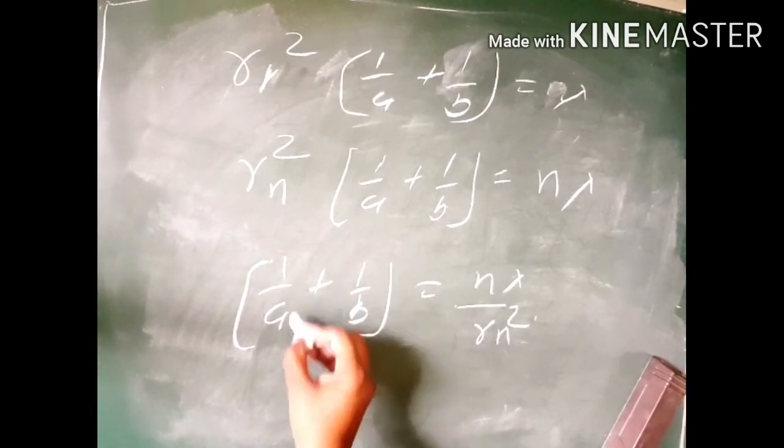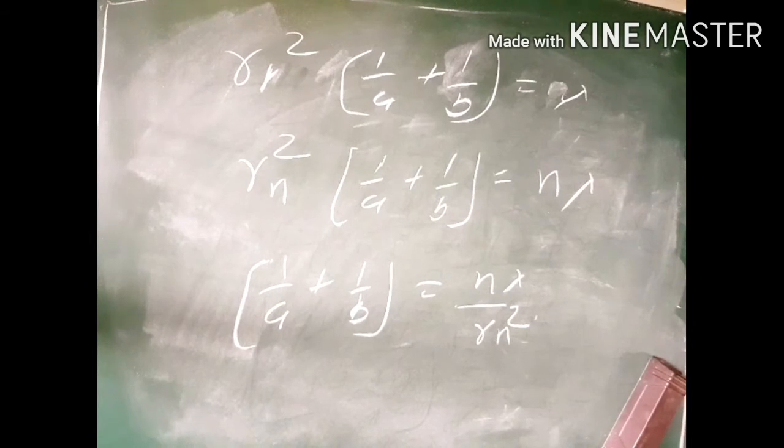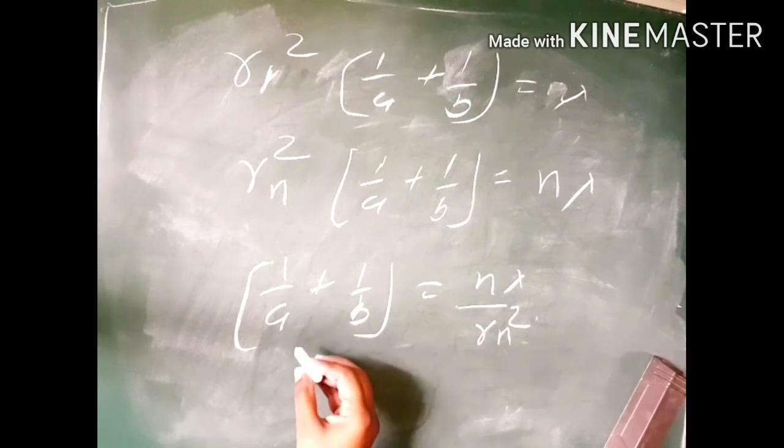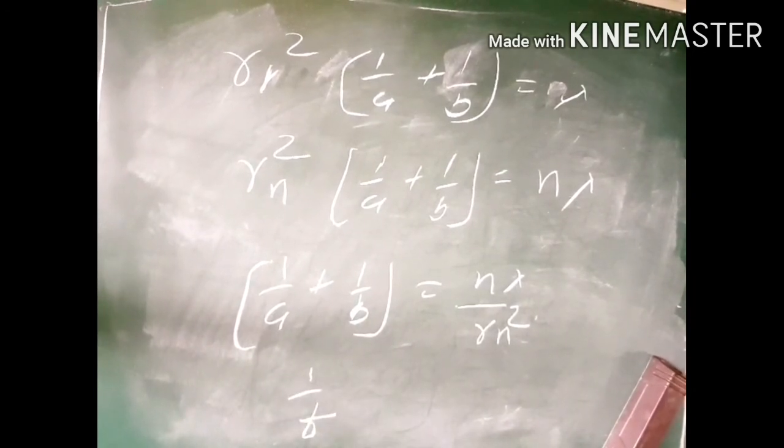But we know A is the distance between source of light and zone plate. B is the distance between zone plate and screen. And we know this is equal to 1 by F. F is the focal length of zone plate.